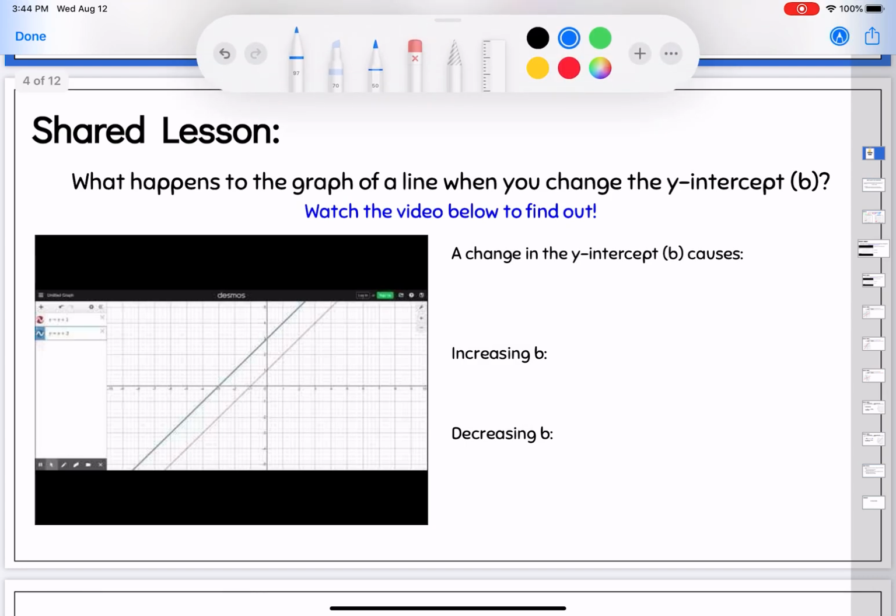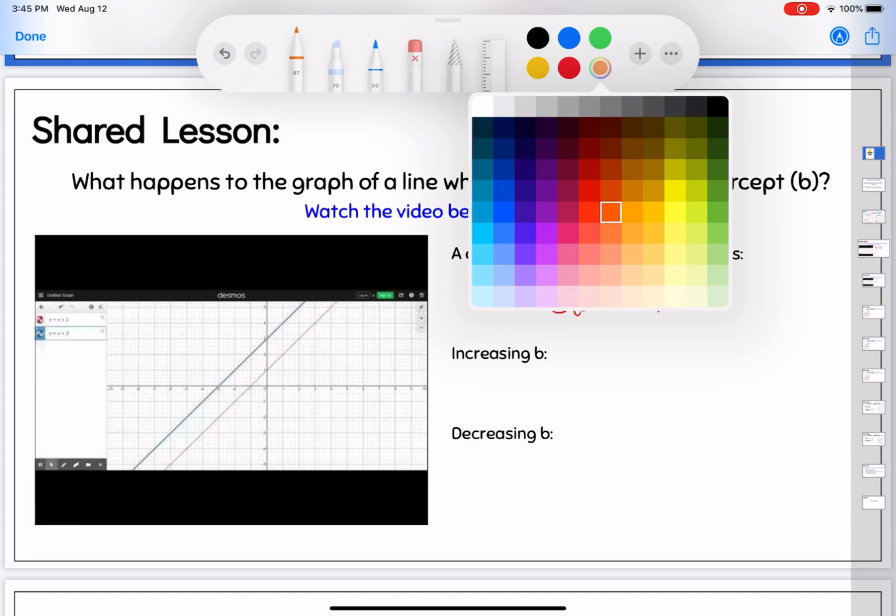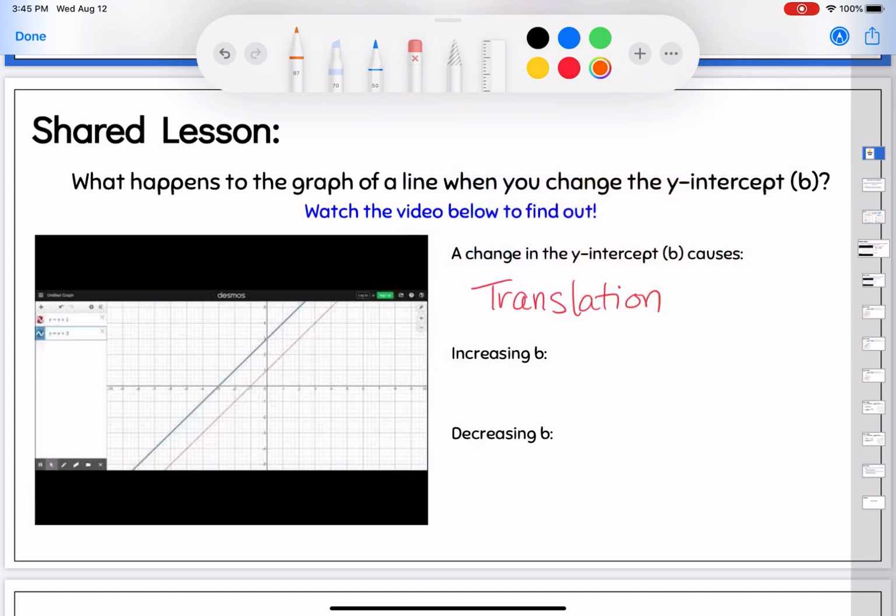So if you saw in that video, a change in the y-intercept, b, causes a translation in the graph, right? If you make b larger, farther from 0, if you increase b, you're going to move the graph up that number of units.